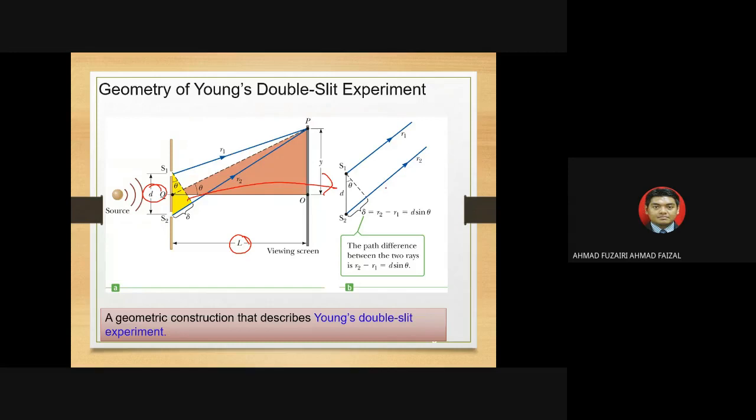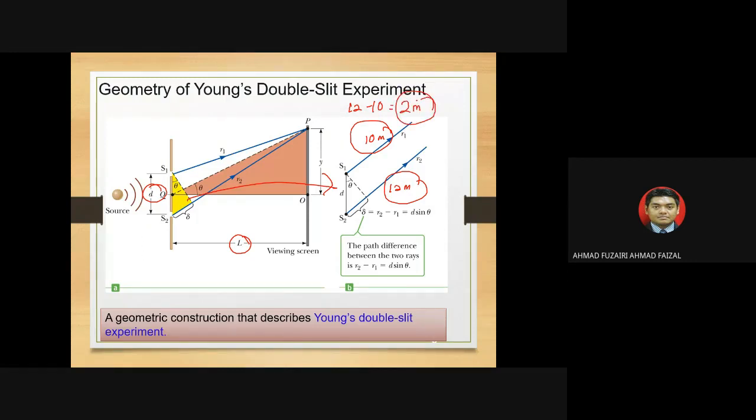As I said before, R1 and R2 will travel a different distance. For example, R1 is considered to be 10 meters, while R2 is 12 meters. When 12 minus 10, you will get 2 meters.